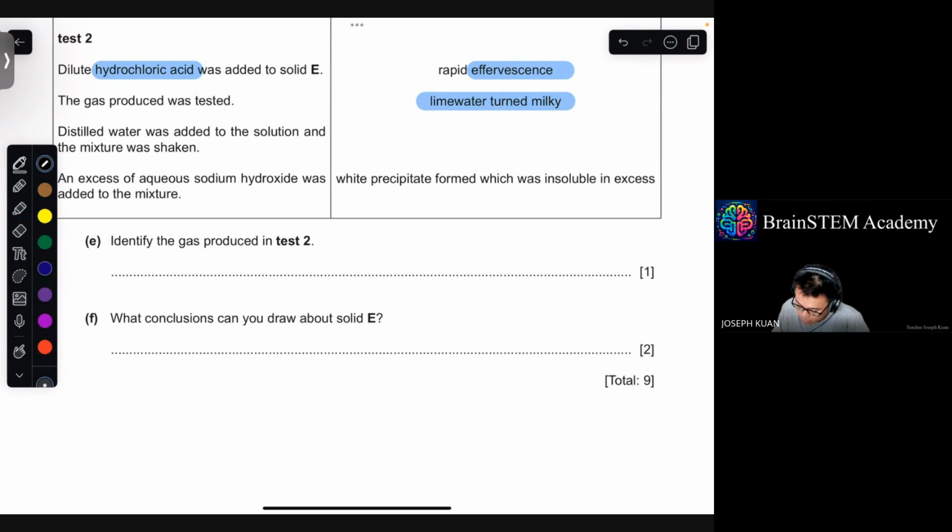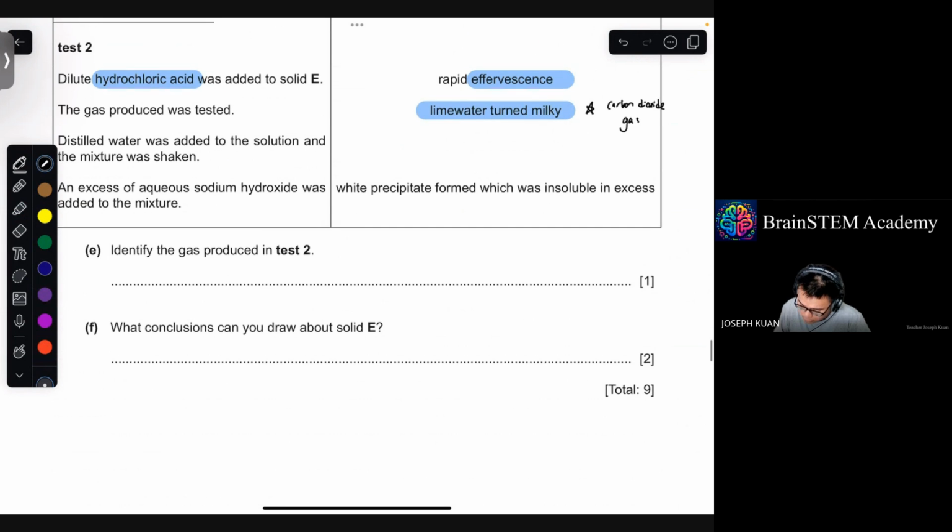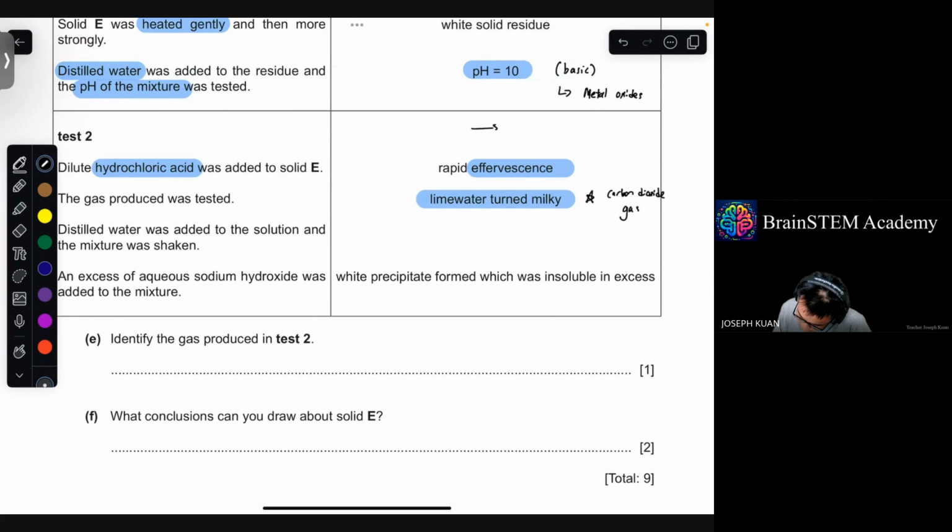When you see this phrase, you should think of carbon dioxide gas. So when you add acid to a special substance, it gives you carbon dioxide gas. What is this special substance? Usually it will be a carbonate salt, or should I say metal carbonates.